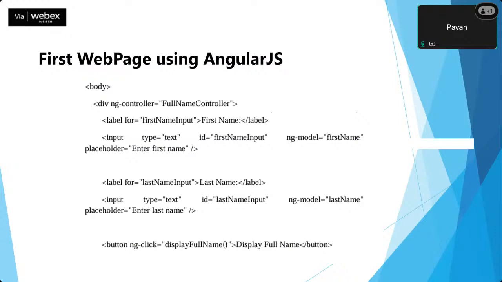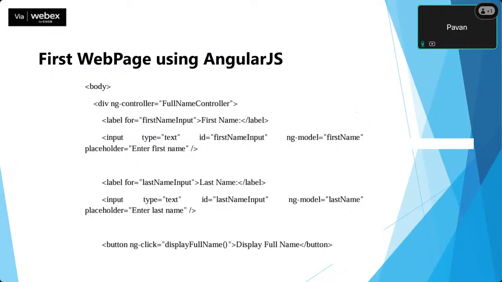So let's move on to the next part, that is the label for the first name input. If you are very well equipped with the HTML part, then you will know that here we are just creating a label for the input that we are taking from the users. As we want input from the user in the form of first name and last name, we have to create a certain label through which that input will be connected, right?